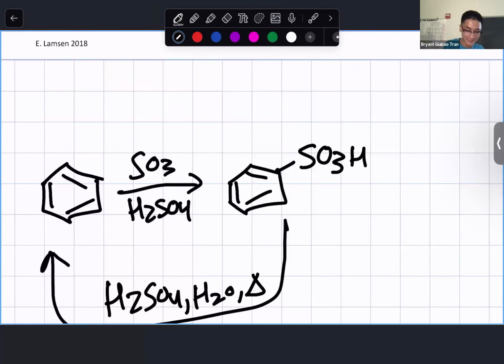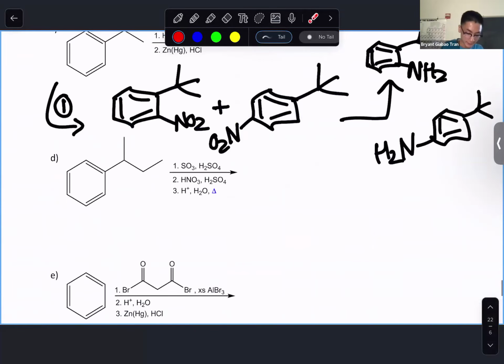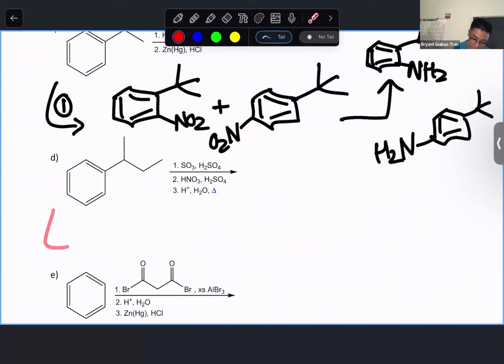This doesn't happen like by itself. Usually there's a reason why we do this. It's to protect the para position, because you know how this is an EDG right here, which is an ortho para director. When we put sulfonation conditions on it, it will only attach to the para position, because think of SO3H as a big bulky group.